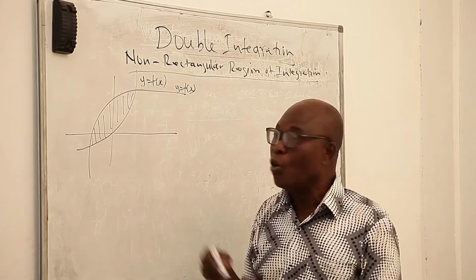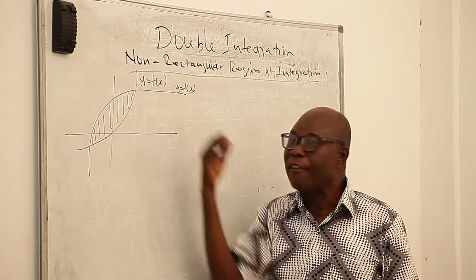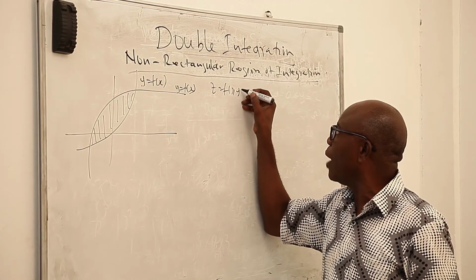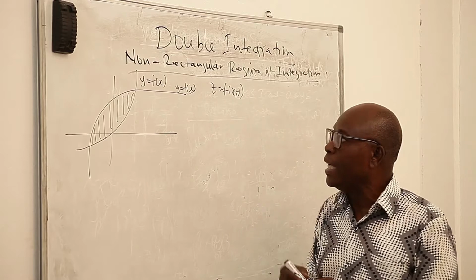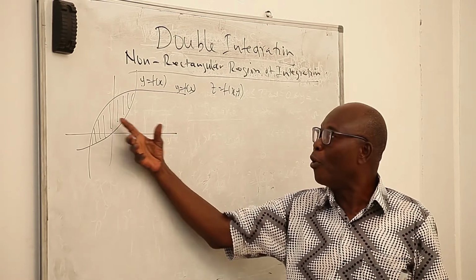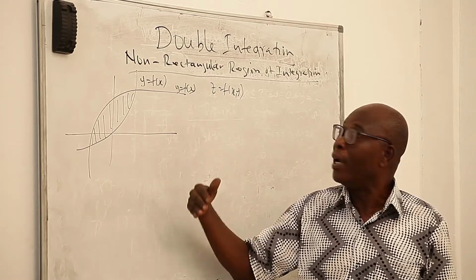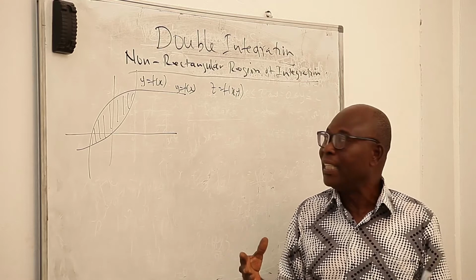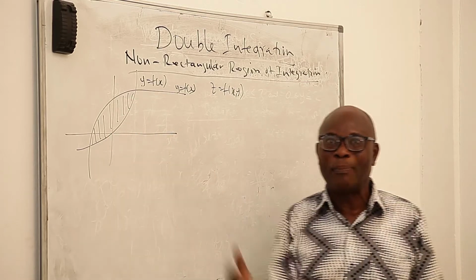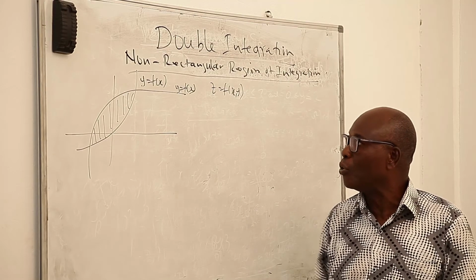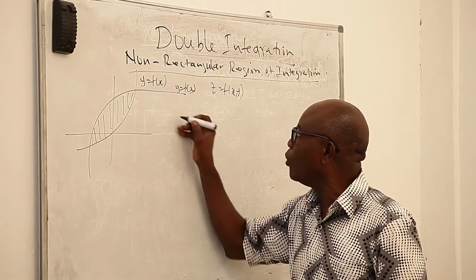When we have the surface given as z equal to f of x and y, the volume, when we integrate along z, that is the height, becomes a certain shape, but the base is this non-rectangular base. And so we can have the double integral.